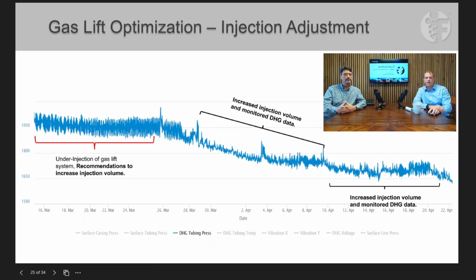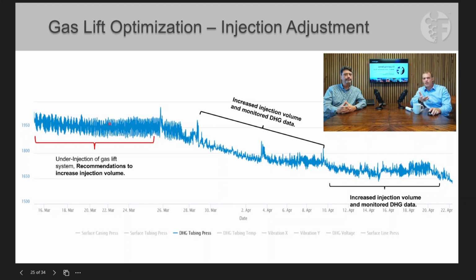Another one that I like here is identifying instability issues. Maybe we're not injecting enough gas. We have something that's causing the well to do two things. It's keeping a high flowing bottom hole pressure, and the min-max changes in flow and bottom hole pressure, that delta, is relatively large, meaning that we're inducing a lot of instability and slugging in the well.